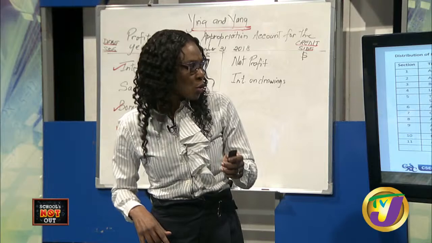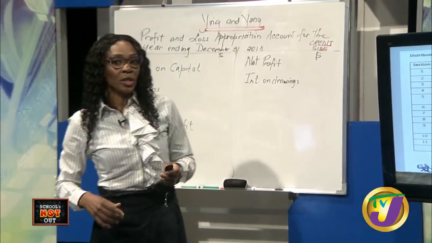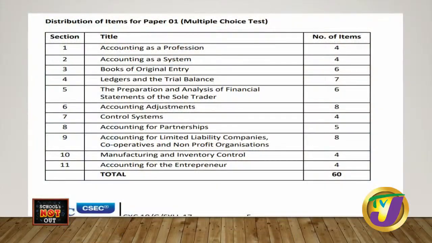Now, to show you that even clearer, let me just put on screen for you some information. I took this from page 5 of our POA syllabus. If you notice, the syllabus has various sections and titles based on the sections.